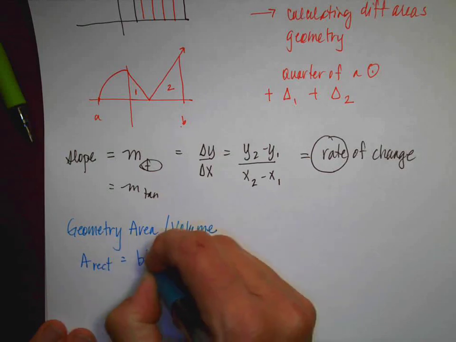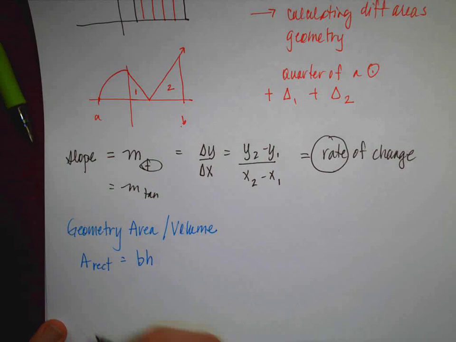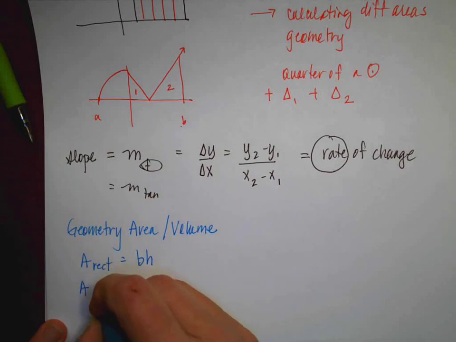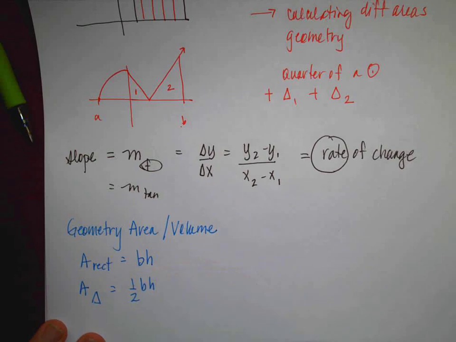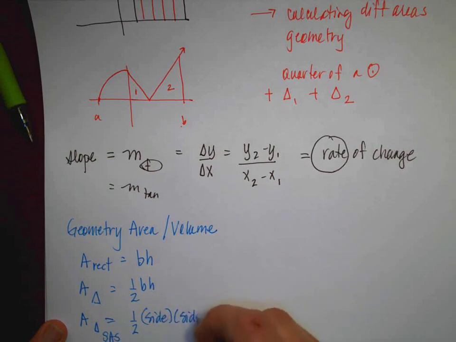So the area of a rectangle is going to be the base times the height. The area of a triangle is 1/2 the base times the height. And then if you'll remember in pre-calc, we learned a glorious formula if you're given side angle side, and that is 1/2 the length of one side, the length of another side, the sine of the included angle.